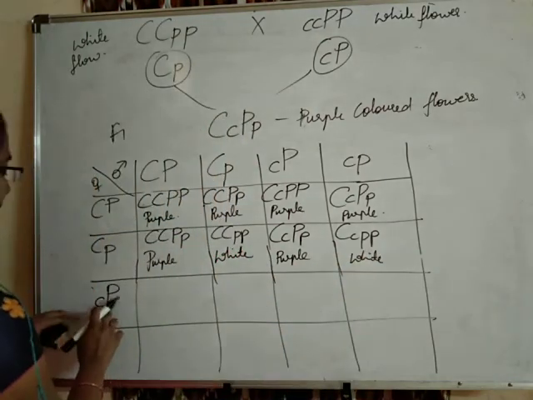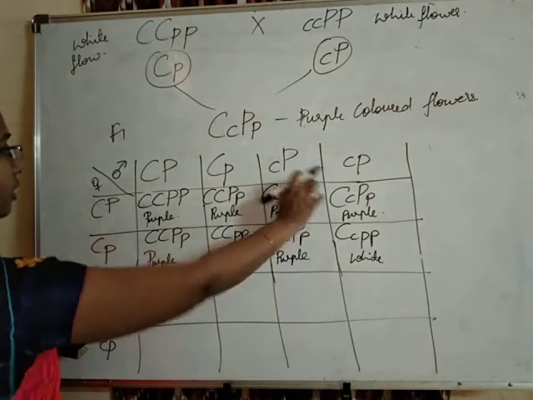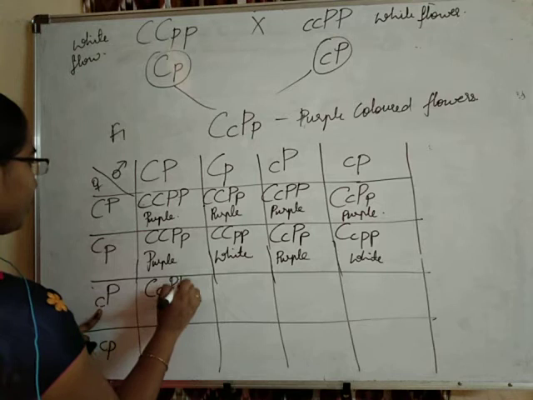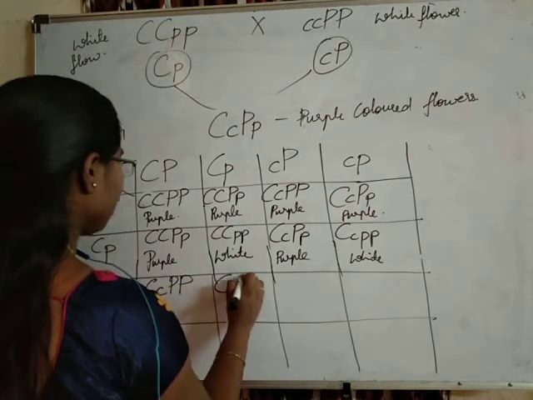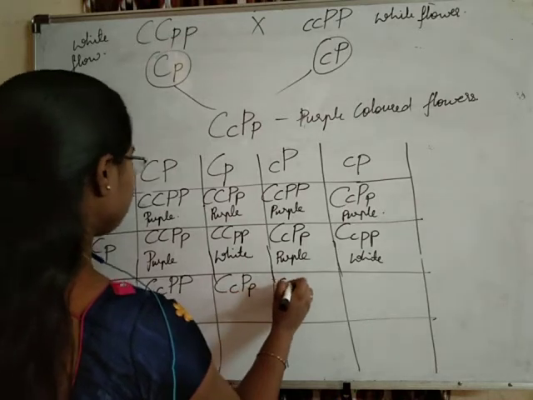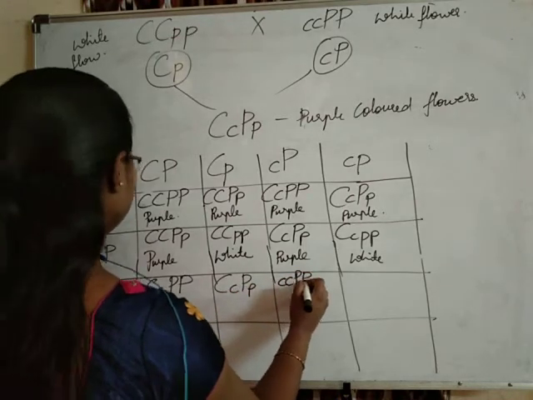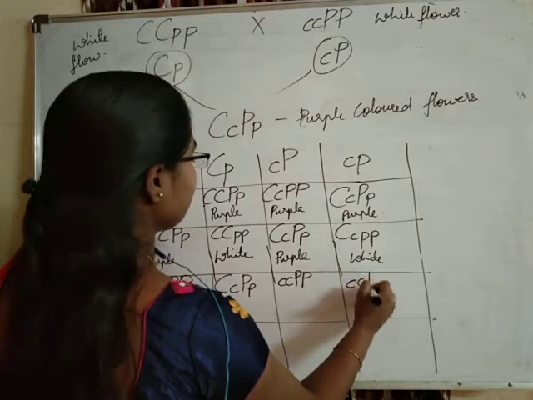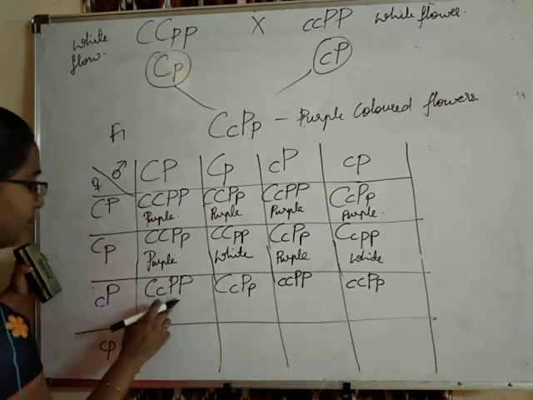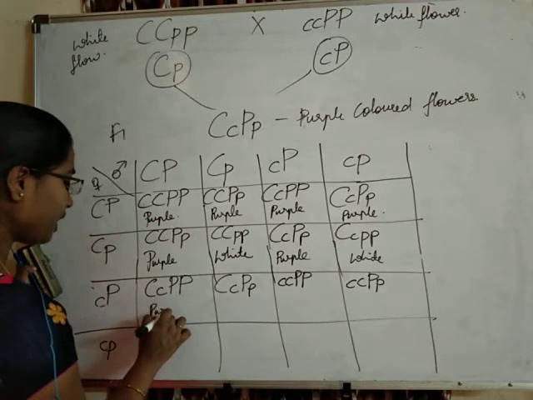Okay. Now again, with this we are crossing the entire gametes. Here capital C and capital P are present, so this will be a purple flower.